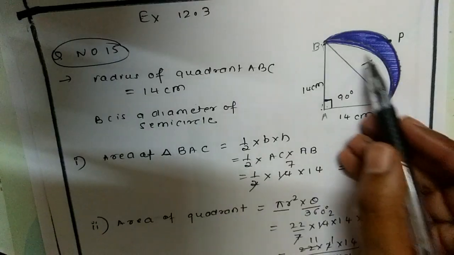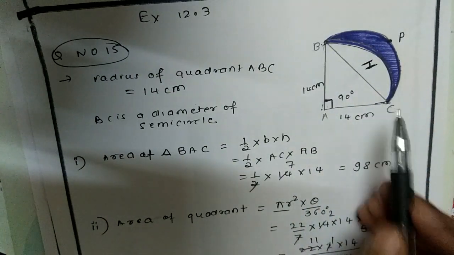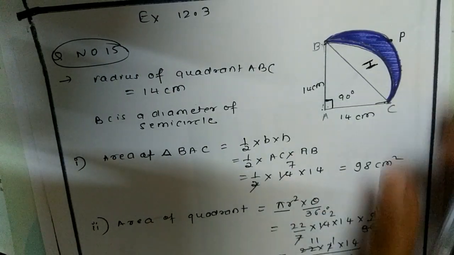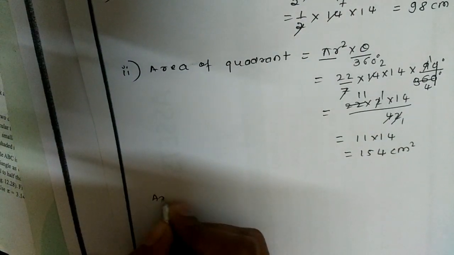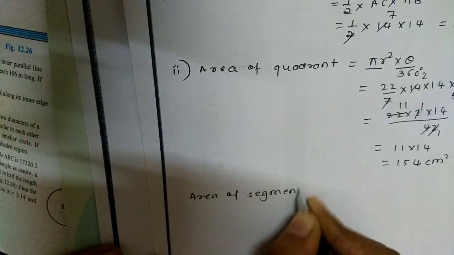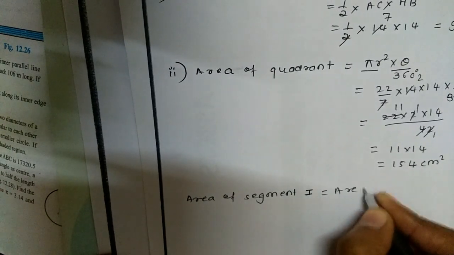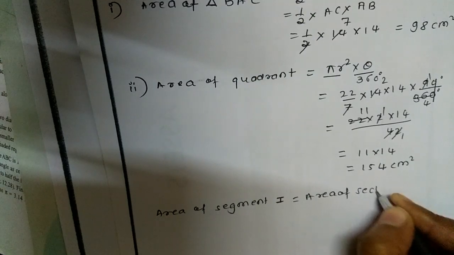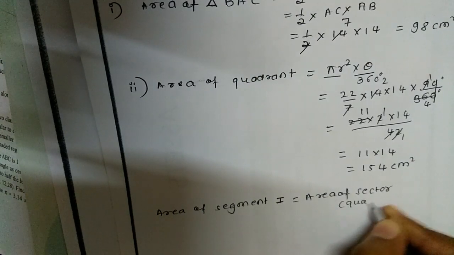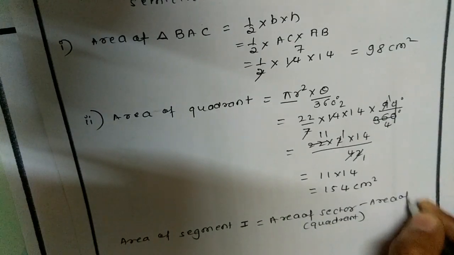Now we have to find out the area of this portion marked as 1. Why? Because from this semicircle area we have to subtract this segment area. So we'll find out the area of segment 1. Area of segment, that I mark as first, equals area of sector or the quadrant minus area of triangle BAC, or you can take ABC.